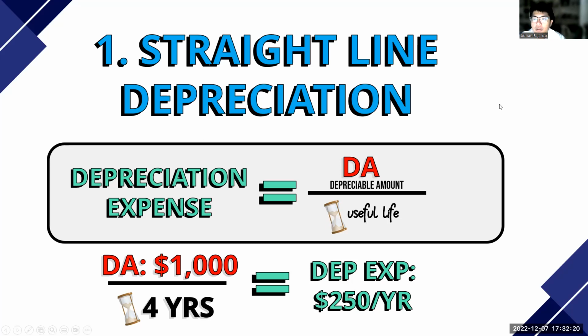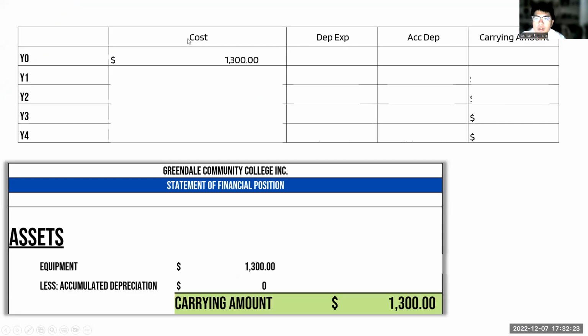So how does that look like? So you'll have a table, and in this table, you'll have your cost, you have your depreciation expense, your ACDEP, and your carrying amount. And then in year 1, ito yung kailangan natin i-solve, year 2, year 3, and year 4. And then at the end, meron tayong, ito yung itsura niya sa balance sheet.